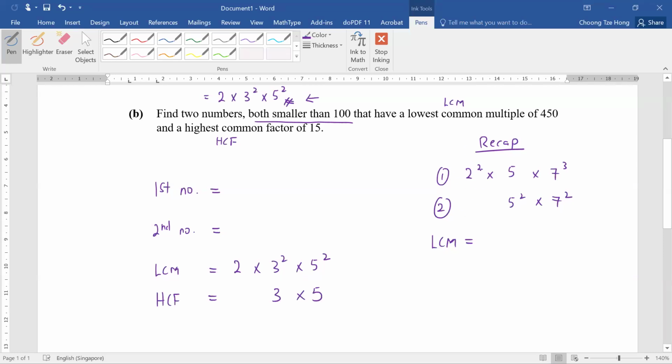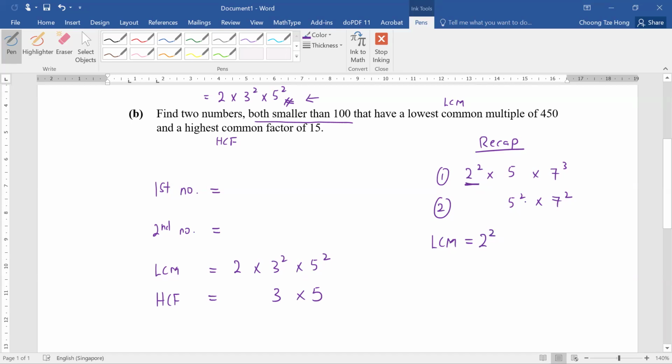Over here we have 2 square, but the second number doesn't have a 2. If you don't have a 2, it means 2 power 0, which becomes 1 instead. So for LCM we want a higher power, so we take 2 square.